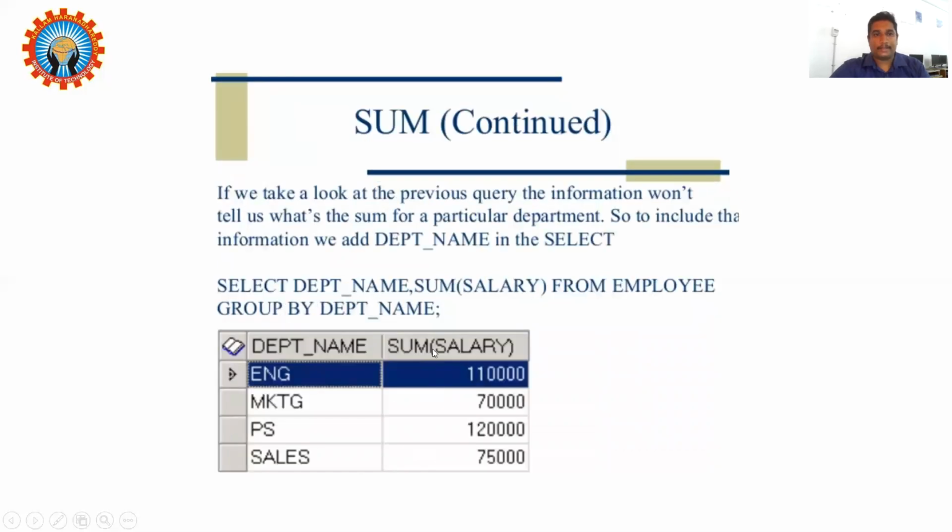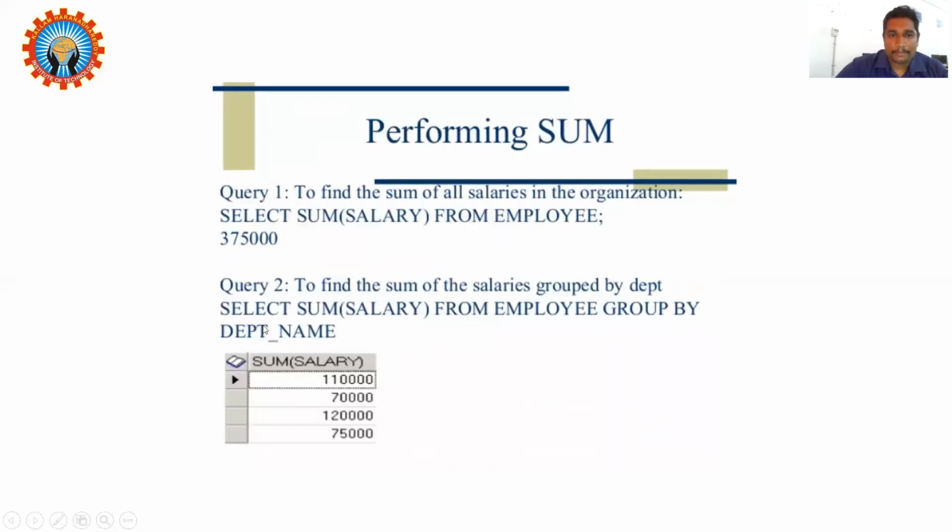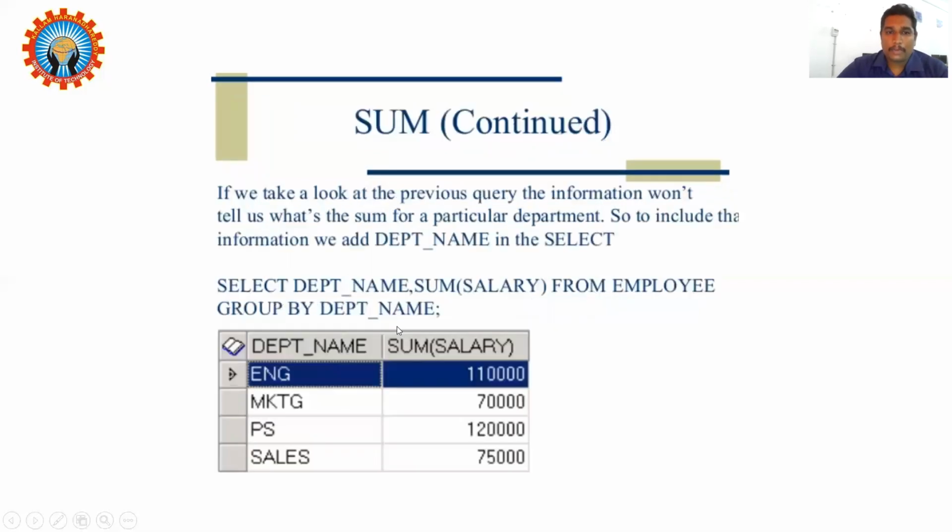Next, if you look at the previous query, the output won't tell us the sum for a particular department. To include that information, we add the department name in the select. If you give the department name along with the sum, you automatically get the data.